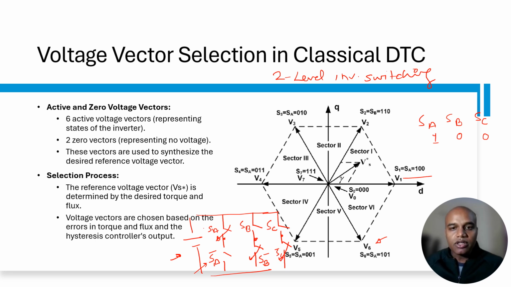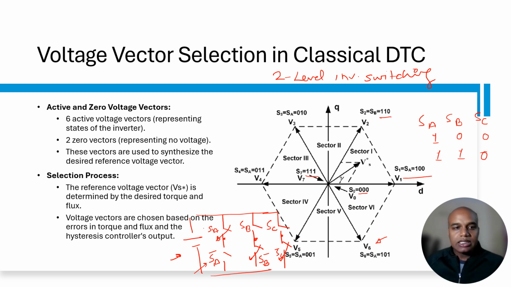Similarly, the vector V2 is 110. So SA will be closed, SB will be closed, and SC dash will be closed. Accordingly, the 6 vectors are there, and V0 is 000, and V7 is 111. These do not produce any output because all three switches of one side will be open and there will be no output.